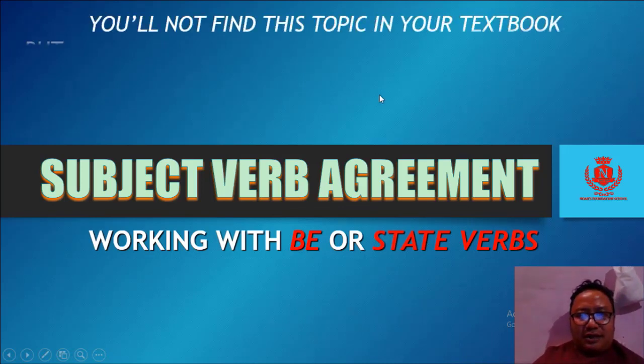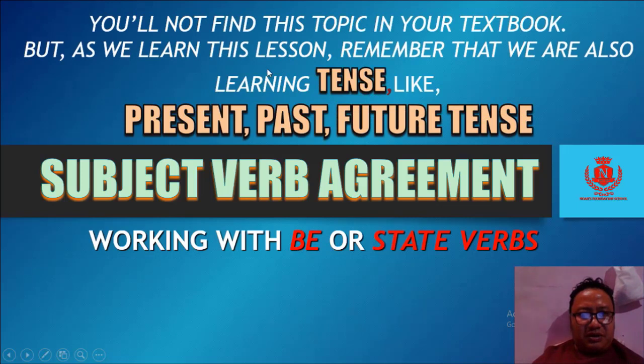Here is one point I want you to remember: you will not find this topic in your textbook, but as we learn this lesson, we are also learning tenses like present tense, past tense, and future tense, and in the meantime we are also conjugating verbs, while learning subject-verb agreement. But right now we will be focusing on be or state verbs.